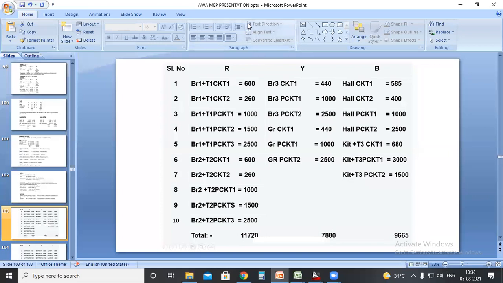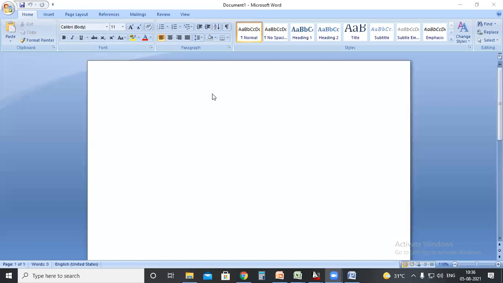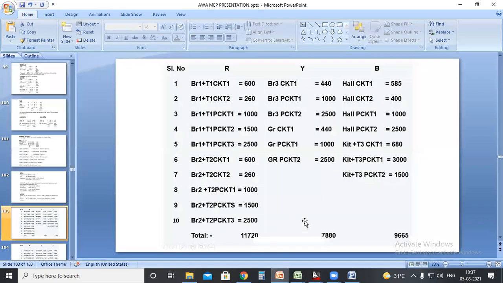So the first step is take R plus Y plus B. So can anybody tell what will be the total load? R plus Y plus B is 29,265. How did you get that value?